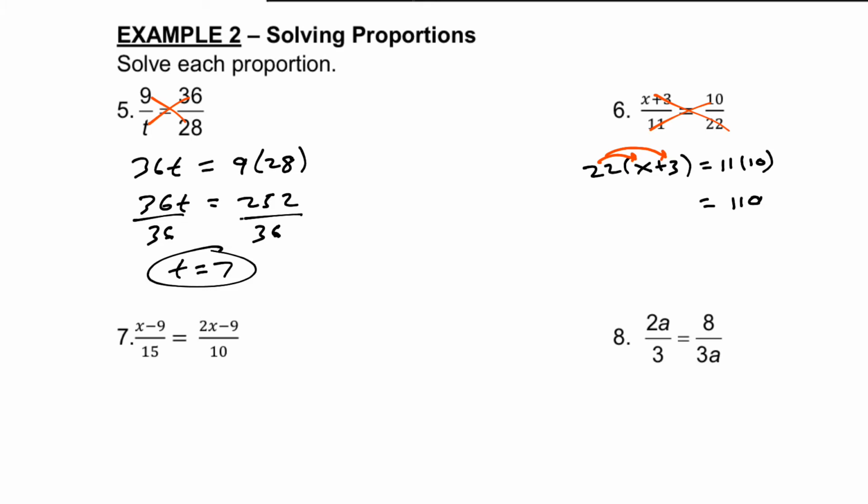So we'll do a positive 22 times x. That'll give us 22x. And then we'll do 22 times a positive 3, and that'll give us a positive 66. Then we'll just subtract 66 on both sides.